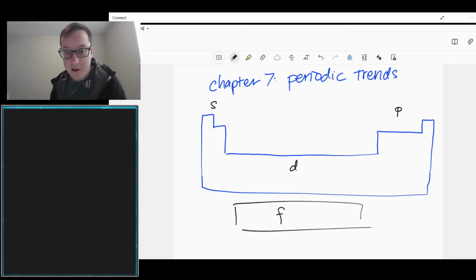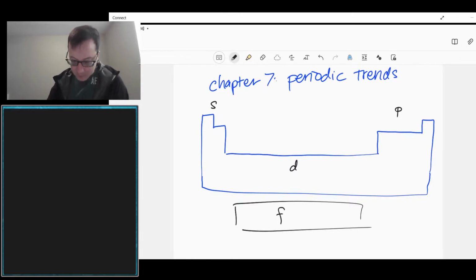And this quantum mechanical model using the probabilities and all that didn't come out until after the periodic table was developed. So it just so happens that this organization and predicting trends already agreed with what the model would say. And that's pretty cool, right? That the model that came after the table still works with the same table, even though the model is completely based on mathematics and physics and has nothing to do with the periodic table. It just so happens that they work really well together.